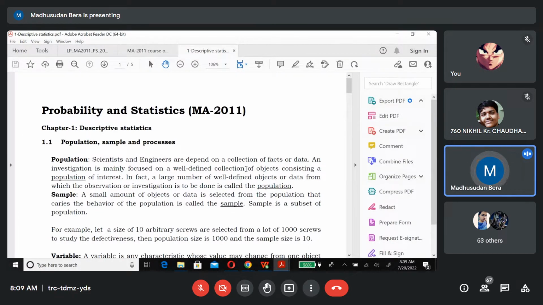Here the total students are the population. And suppose we are picking 500 students, that is the sample. So a small amount of objects or data selected from the population that carries the behavior of the population is called a sample. So clearly, the sample is a subset of the population. So the population and sample concept is clear.